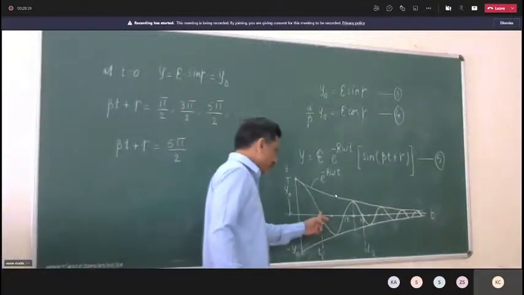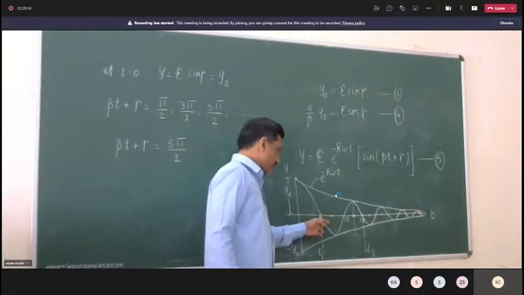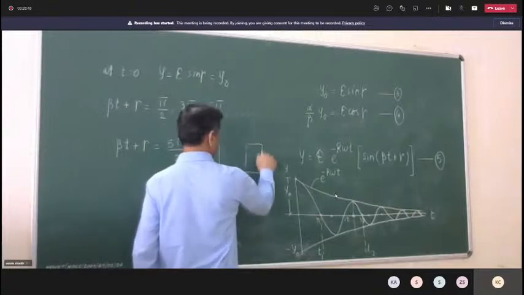What is this position? Displacement is 0. System is at neutral position.